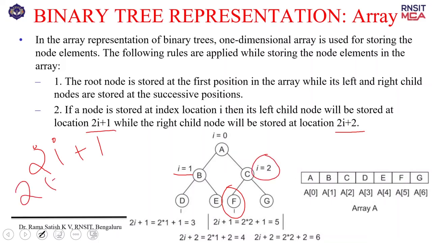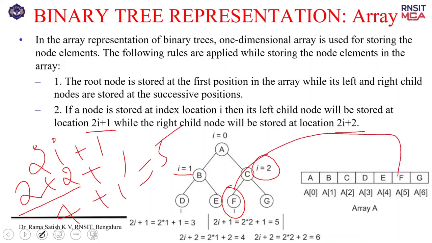So 2 into 2 is 4, plus 1 is 5. F has to be stored in the fifth location. Same way, G is the right element, and for 2i plus 2, you can see the formula given at the bottom. i is 2, 2 into 2 is 4, 4 plus 2 is 6. So G will be stored in the 6th position.